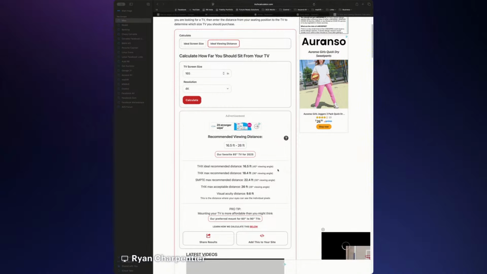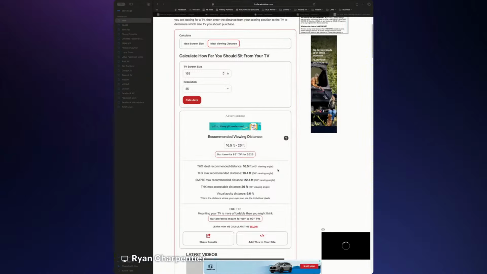For reference, I am sitting roughly 9 feet from a 165-inch diagonal screen. It is glorious. Now, a caveat here is my screen is floor to ceiling, wall to wall.